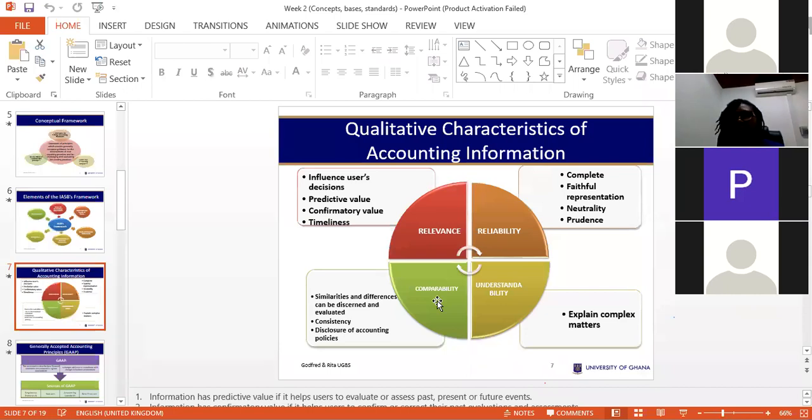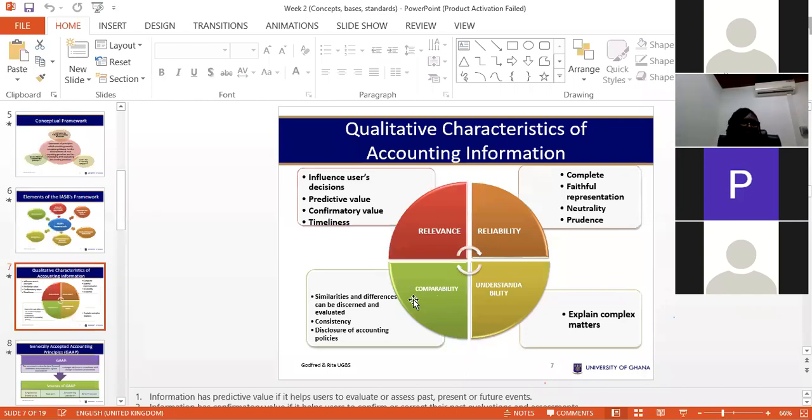We can enhance this understanding by providing further and better particulars in the notes to explain some of the issues which have been compressed. Remember, I did mention in lecture 1 that the information is normally compressed. Maybe from January to December, you will see significant figures. You will not see every transaction. But for some of the transactions, we need to provide further explanation to make it understandable.